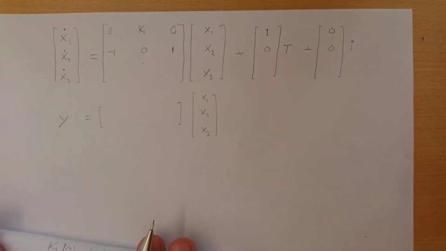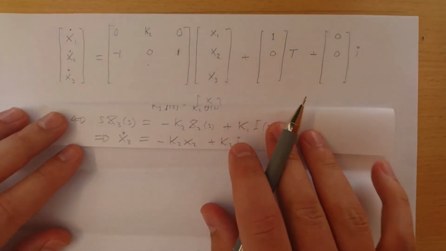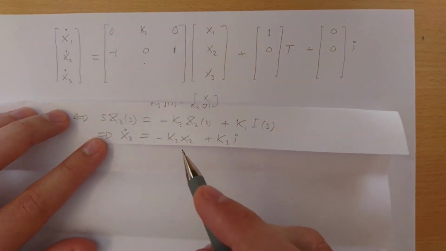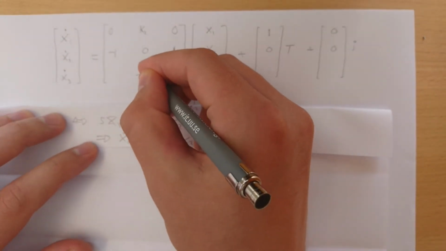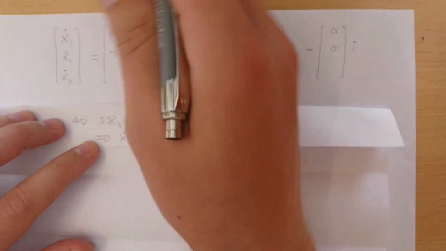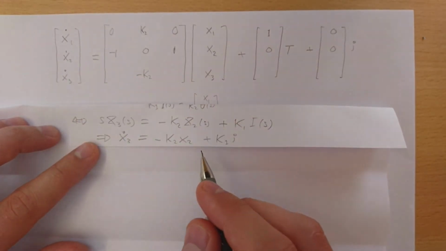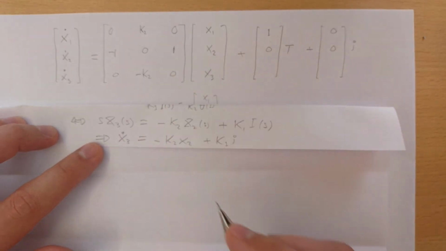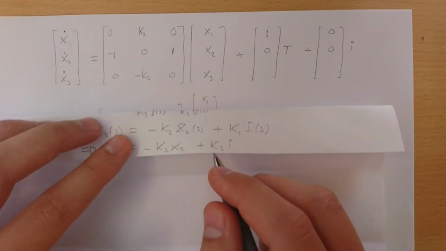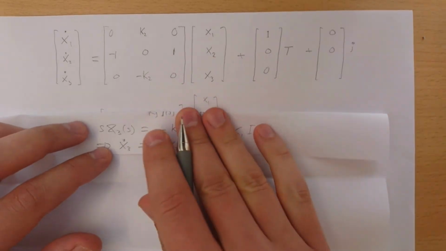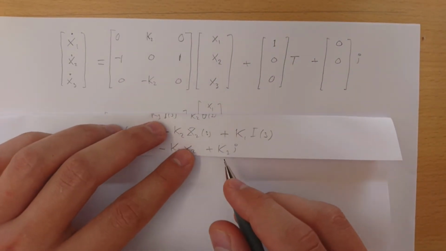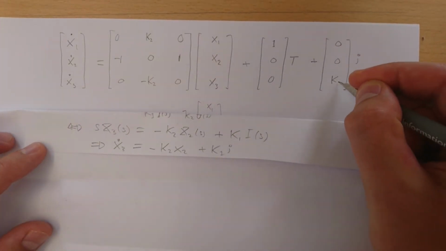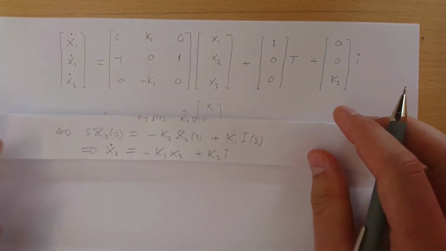And then finally we have x3, and for x3 we had minus k2 times x2, so we'll have minus k2 in this middle place in the matrix, and then we had no more states there, so it's just 0 there and 0 there. And we had no capital T, no torque, but we have one current component. So it's k1 times the current I. So we'll add a k1 in this position.